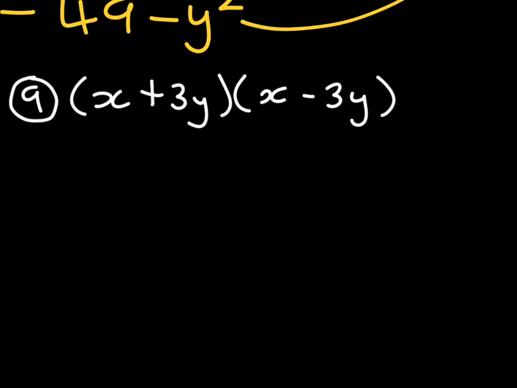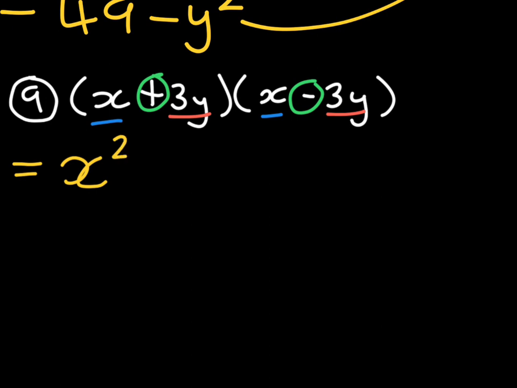For question number 9, we once again have a difference of two squares, because both terms in the binomials are exactly the same, and we just have different signs inside. So remember what our rule said? It was square the first term, so we say x squared.